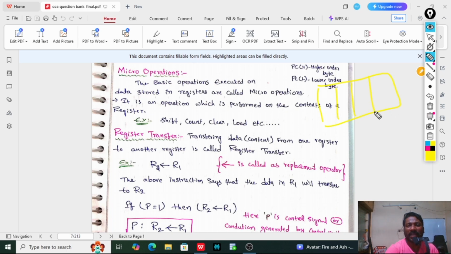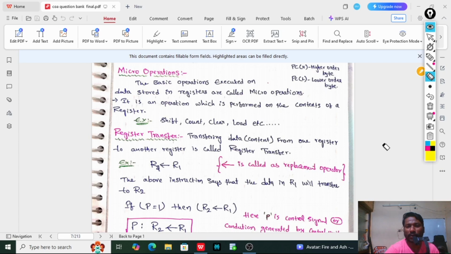If you perform any operation on that information stored in registers, then it is called a micro operation. Simply, an operation performed on register contents is called a micro operation.